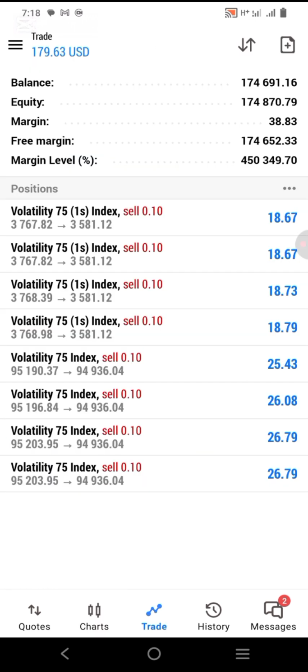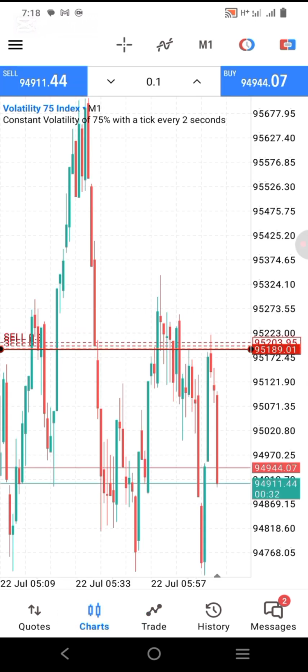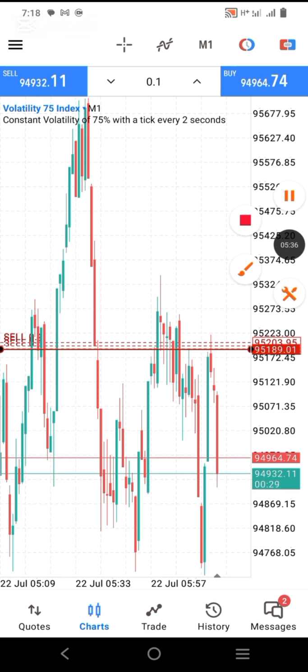I have made my desired profit, so I want to close this trade since it has already made 50 pips.